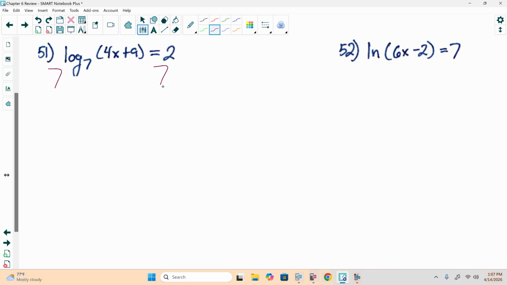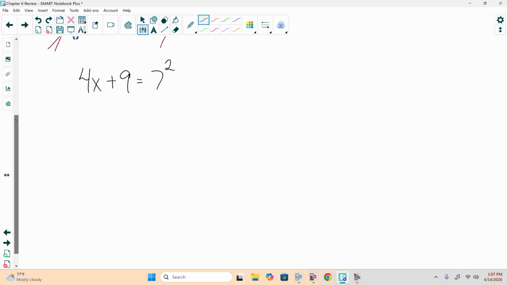So 7 to the log base 7 of 4x plus 9. 7 and log base 7 would cancel, telling us that 4x plus 9 is equal to 7 squared. Now, luckily for us, 7 squared is a nice number. It is 49.